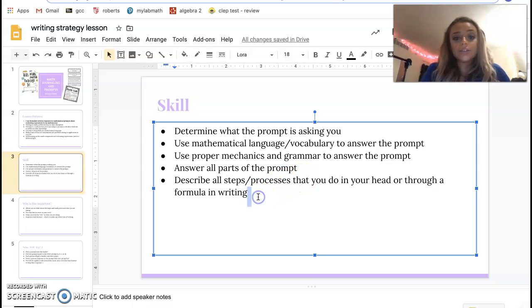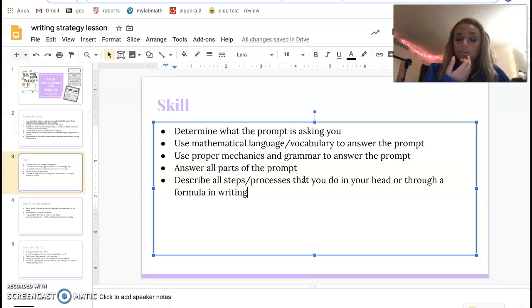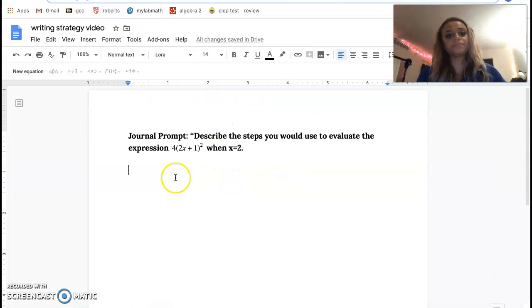And if it's asking you to describe steps or processes, you want to make sure you're explaining everything that goes through your head, because what it is asking you technically is, what formula did you use, what process, what step, and you have to transfer that all into your journal. So that's what you want to make sure you're doing. That may be a little confusing, so I'm going to show you how I would answer a journal prompt.